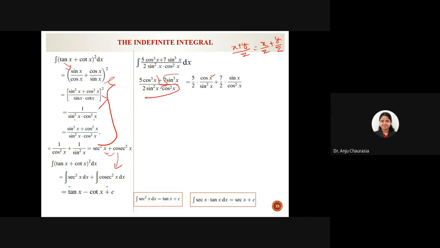Now sine cube x is here, sine square x, and only one sine will remain, and cos square x. So now you can see cos x by sine x. Sine x by cos x is tan x, cos x by sine x is cot x. So here one sine x, sine square x, they have written like this.